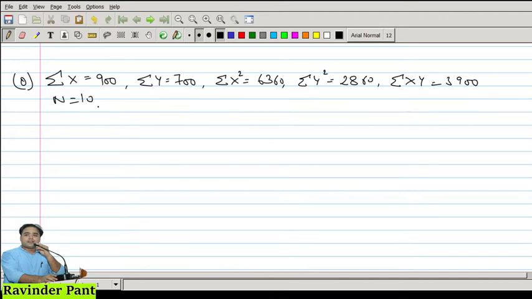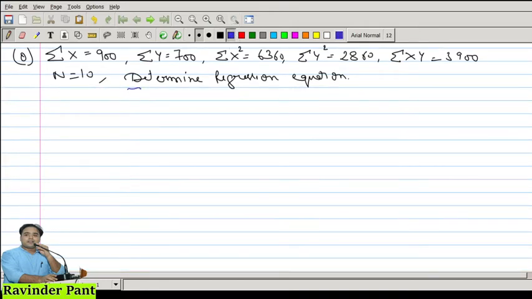So you will come across such questions many times, and you are supposed to determine the regression equation. So I am solving this for you.